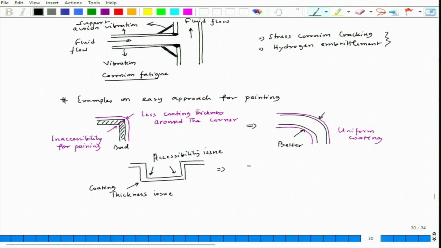So, here it will be like this. If we have this design, everywhere we have better access, and also uniform coating thickness.